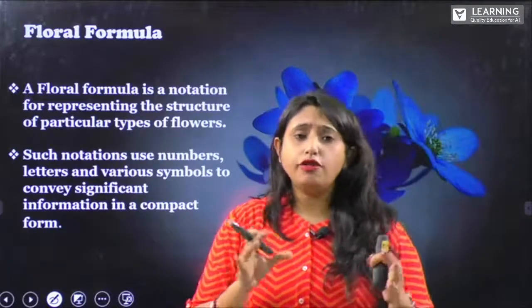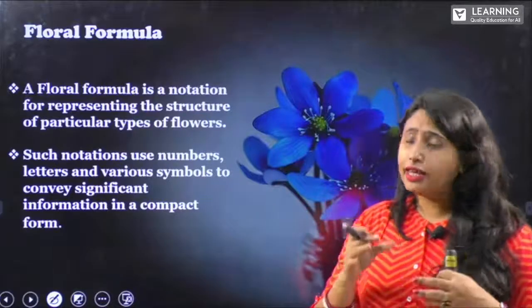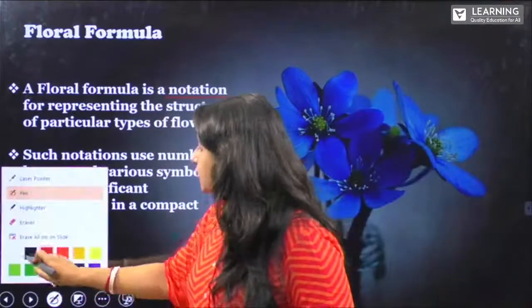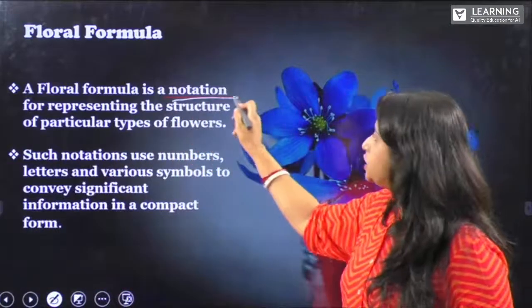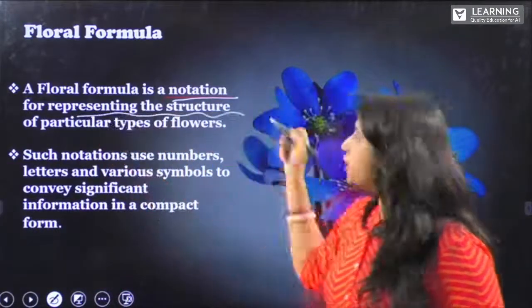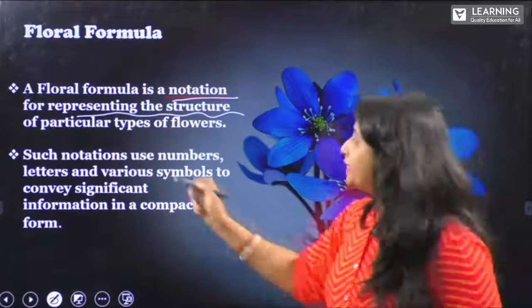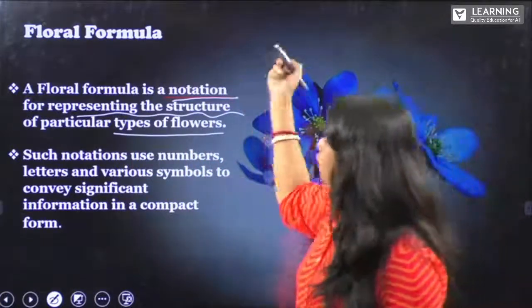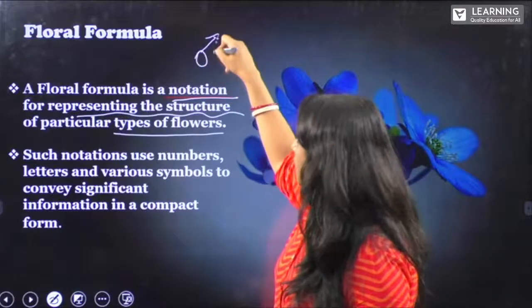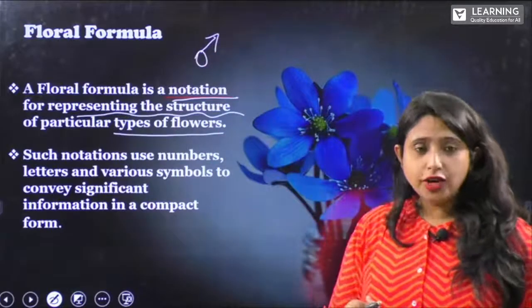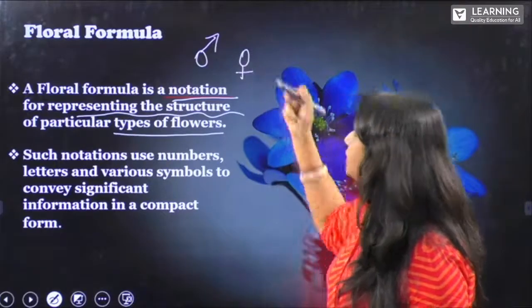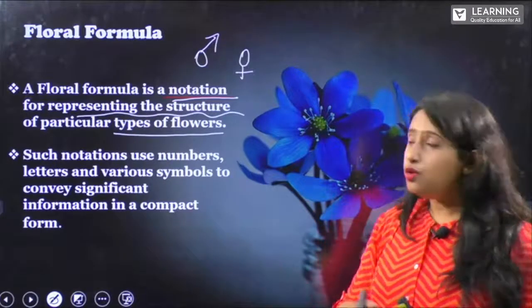Floral formula is nothing but the notation for representing the structure of a particular type of flower. For example, in case of male, we use this type of symbol, and in case of female, we use this other symbol.